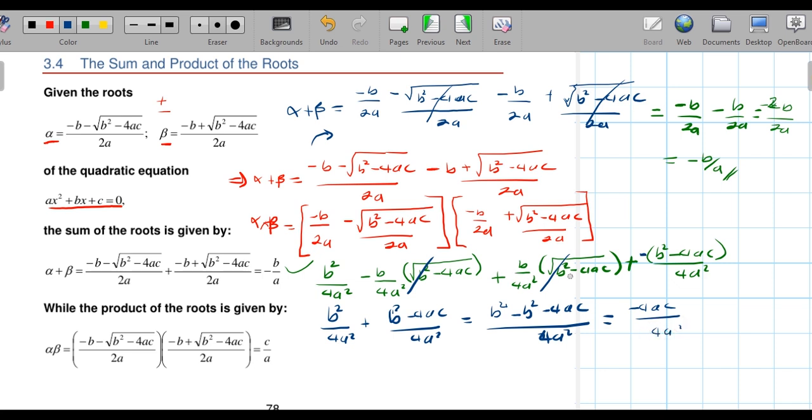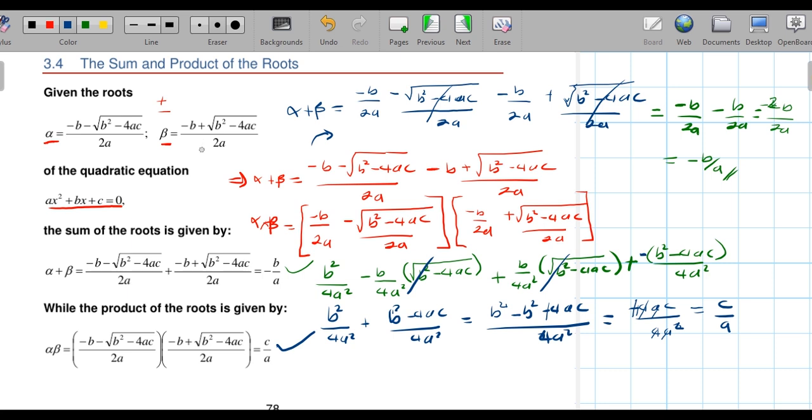Since the minus is here, if we open the bracket, this becomes plus, so it's not minus. So this 4 will go with this, and this a will go with this a, so you are left with one a here, which is c over a. Now you can see that this is the proof for our sum and product of roots.